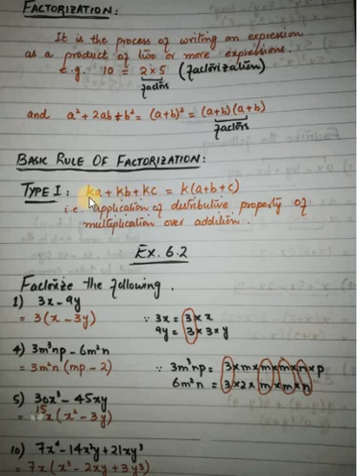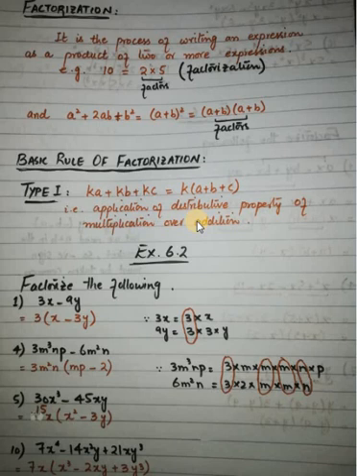Look at the expression on the left hand side. It has three terms, Ka and Kb and Kc, and this K is common in the three terms. By taking K common, a plus b plus c is left inside the bracket. This is called the distributive property of multiplication over addition.